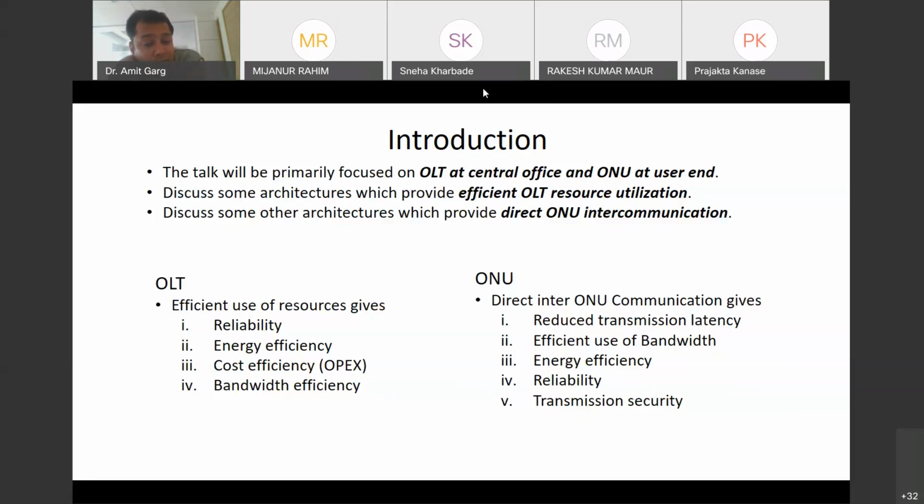As in today's first session, I gave you some idea about the transmitted power or the receiver power, what minimum power is required when we are transmitting at 10 Gbps and at 1 Gbps. If the traffic in the network is low, then why transmit at 10 Gbps? Can we switch to 1 Gbps? This is the idea behind this energy efficiency.